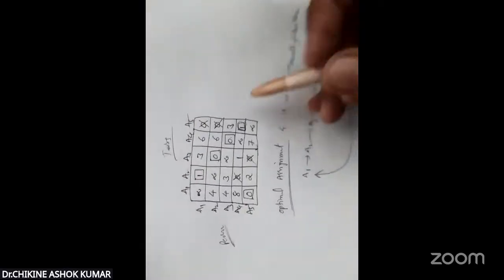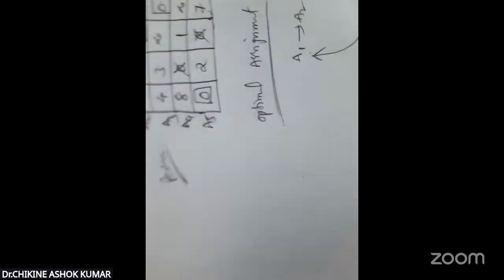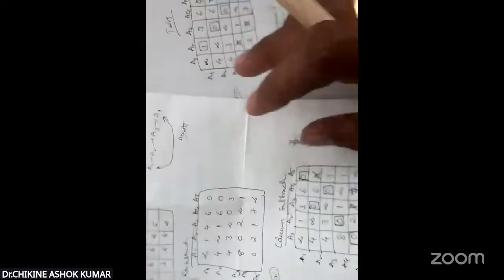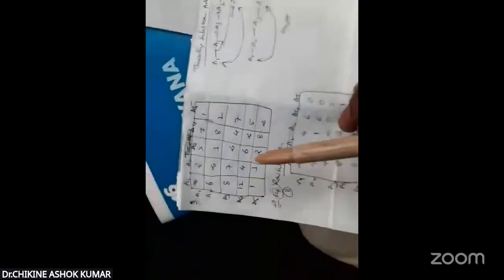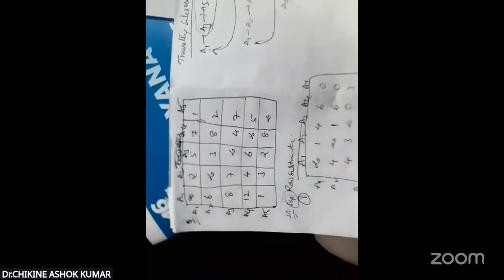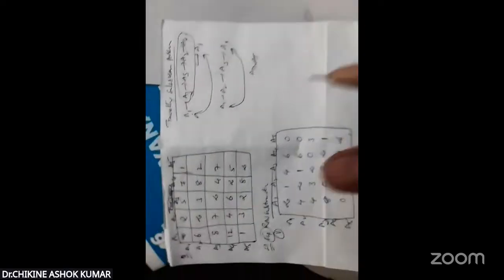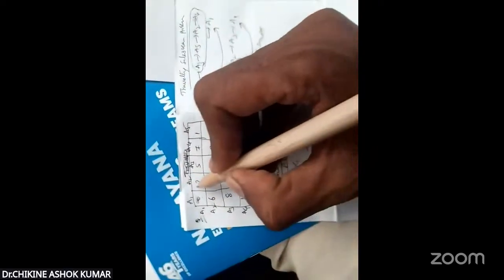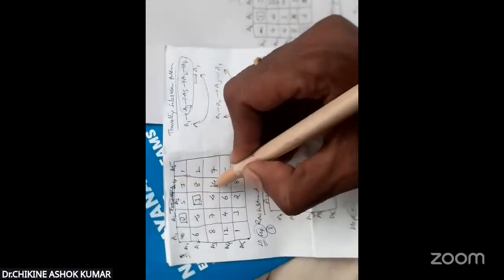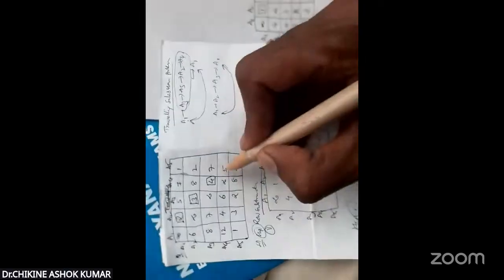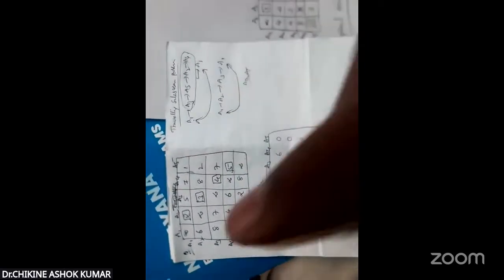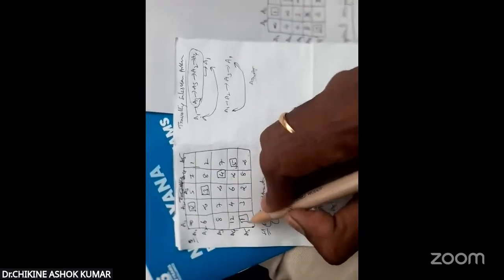Therefore, what about the final time duration? You can come to the original question. What is our original question? Yes, here, this is the original table. So A1 is assigned to A2, just indicate it with circles like this, A2 is assigned to A3, A3 is assigned to A4, A4 is assigned to A5, and again A5 is assigned to A1.